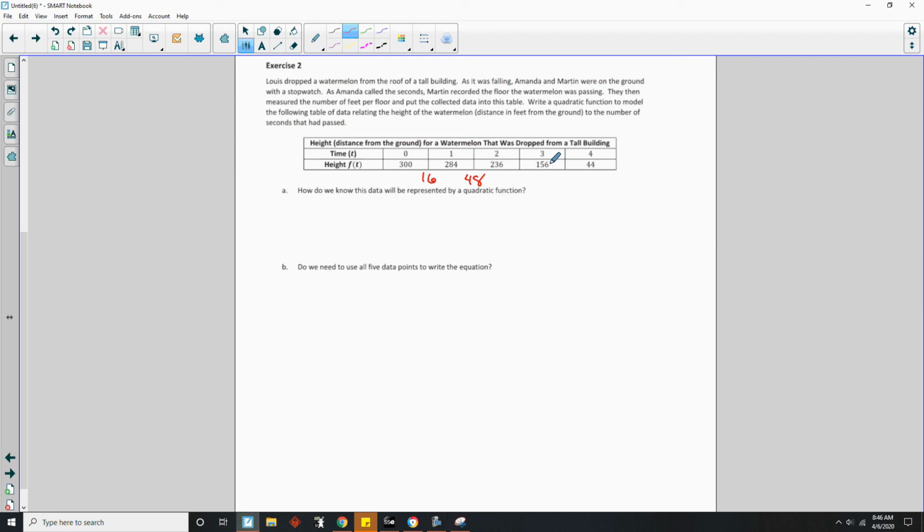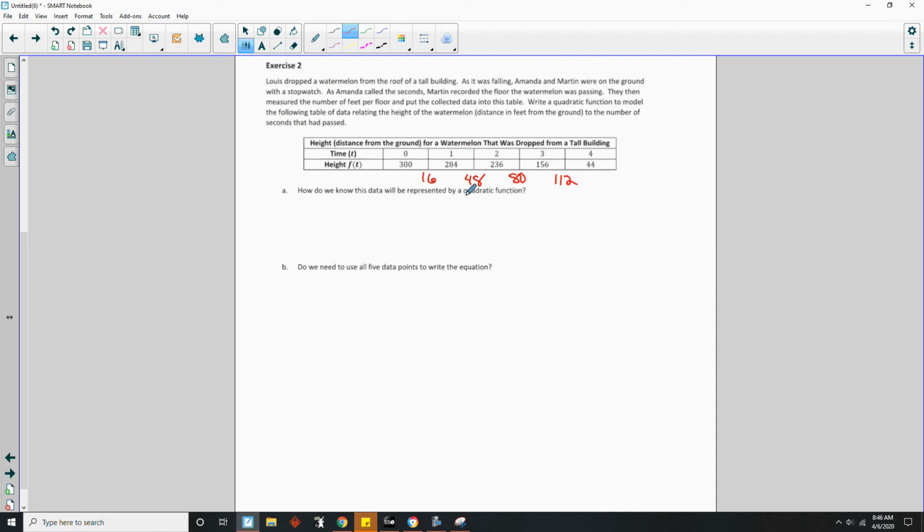And 236 to 156 is 80. And 156 down to 44 is 112.